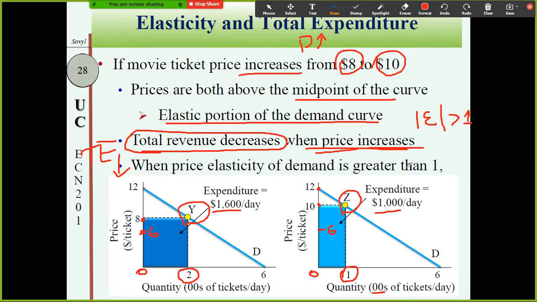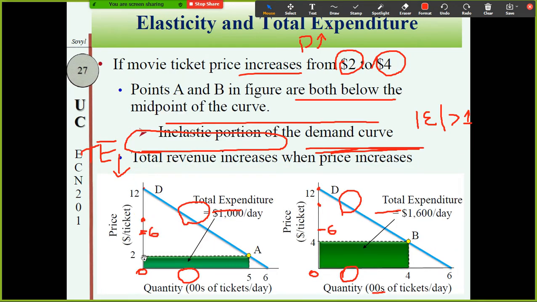Okay, if the price changes higher than the midpoint price, total revenue and total expenditure go down when the price goes up. When the price changes below the average price or midpoint price, total revenue and total expenditure will go up when the price goes up.